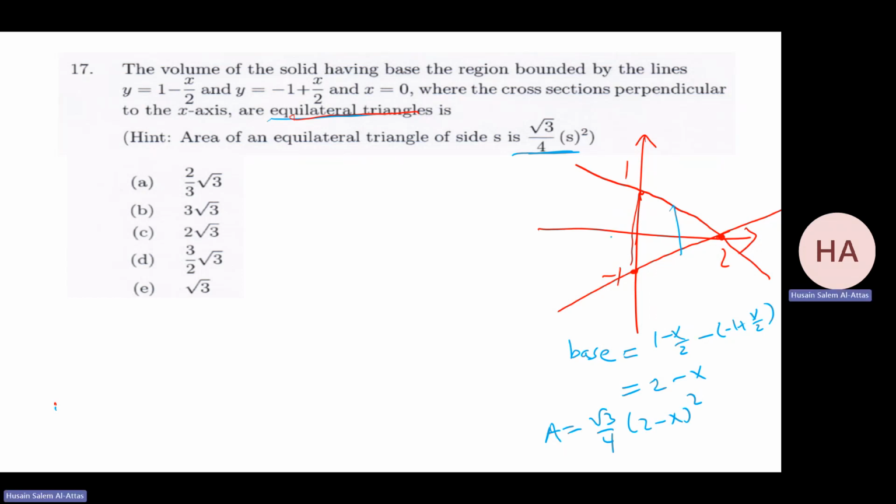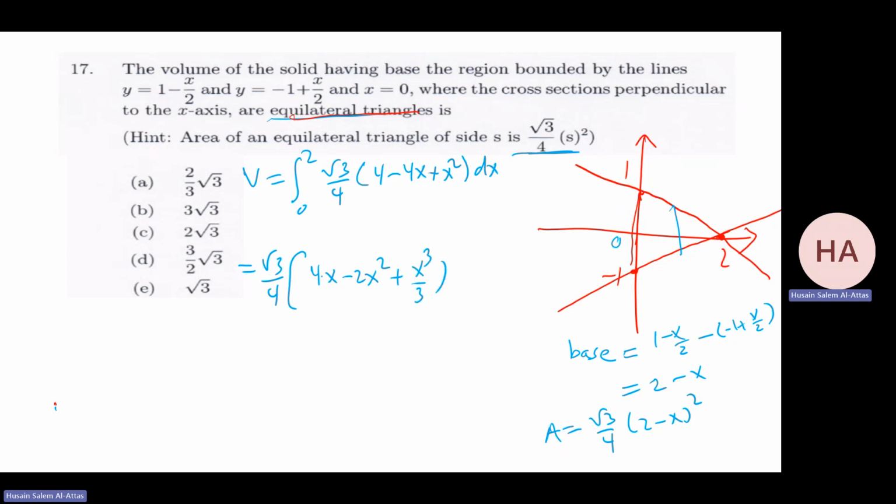And from where to where? From 0 to 2. Okay, so the volume from 0 to 2, this area, square root 3 over 4, 4 minus 4x plus x squared. Let me take square root 3 over 4 outside. I have what? 4x minus 2x squared plus x cubed over 3 from 0 to 2.